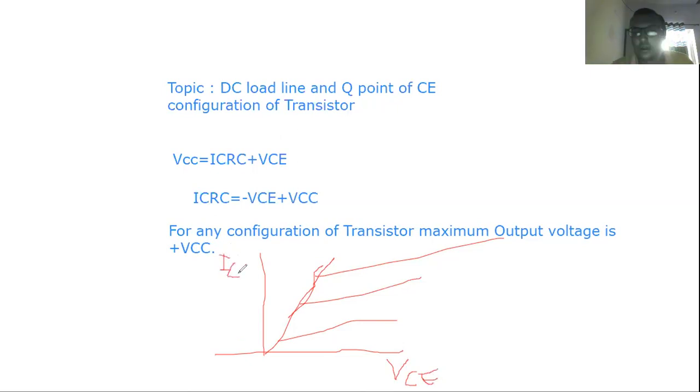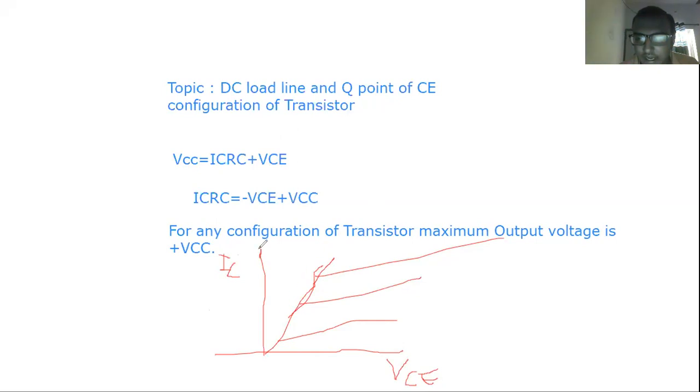Now, here what is the maximum voltage? If you move towards the right side and towards the upper side, what is the maximum value of current and voltage? Simply put VCE equal to 0.